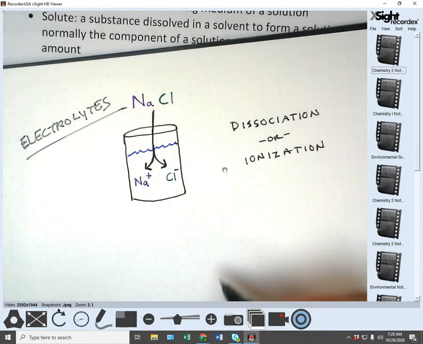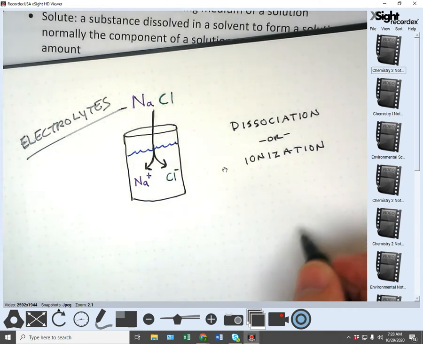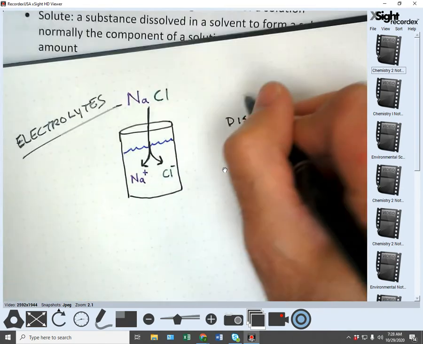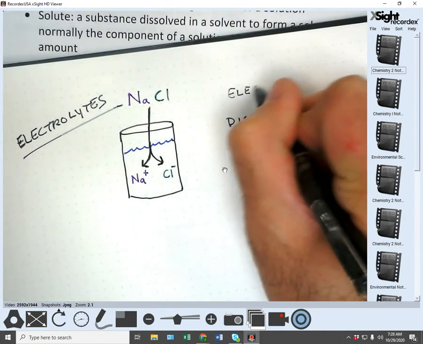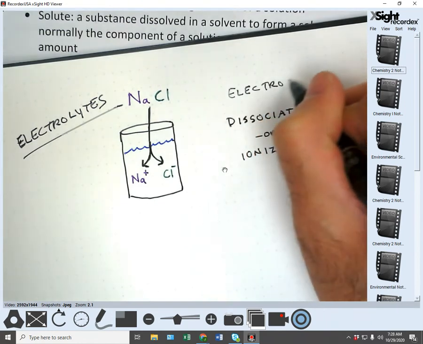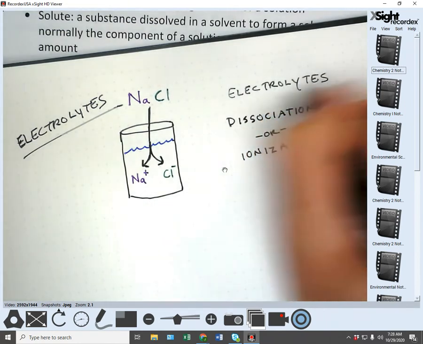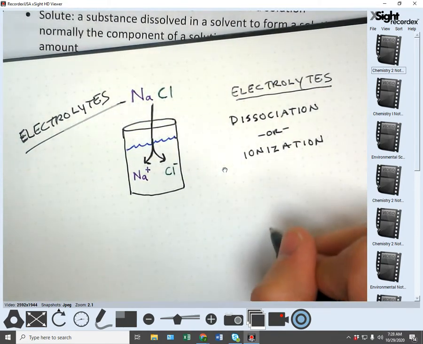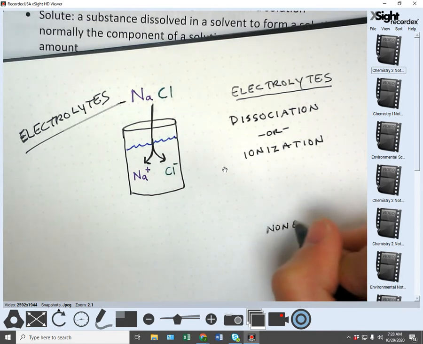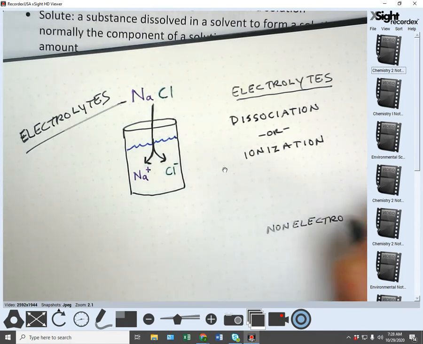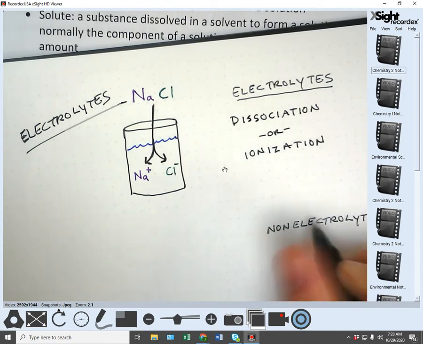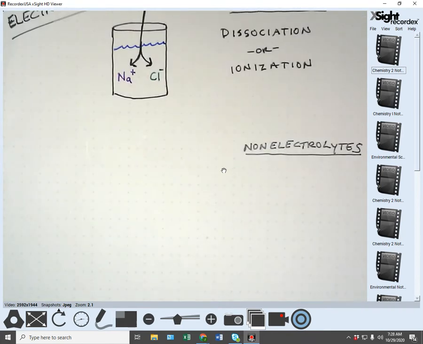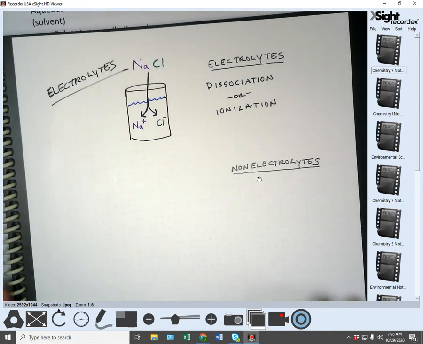Now, non-electrolytes, I should have put that over here. I'll get rid of it over there later. Okay, non-electrolytes do not dissociate in water.